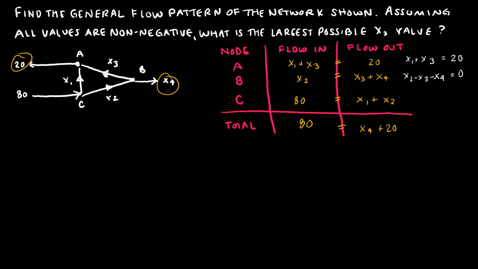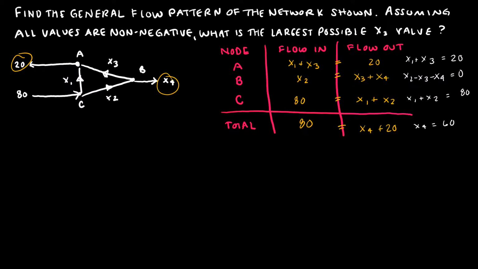This is going to be x1 plus x2 equals negative 80. And this is going to be x4 equals 60. I think I messed up on that 80. No, x1 plus x2 equals positive 80. Sorry about that.